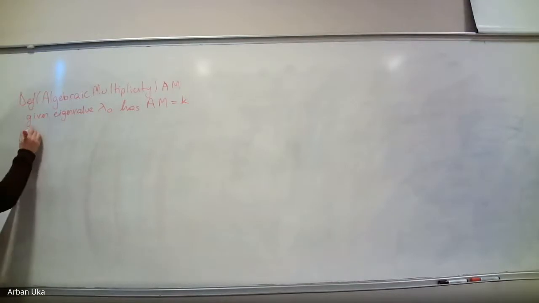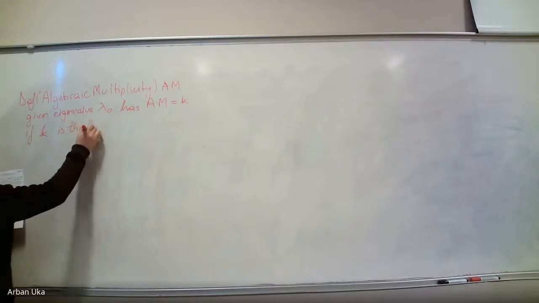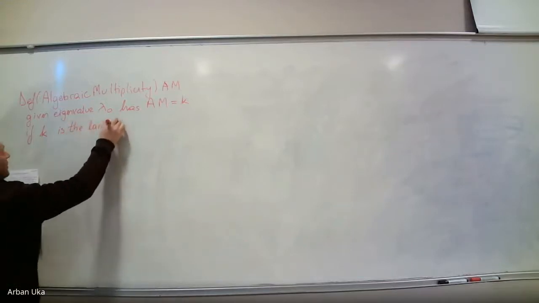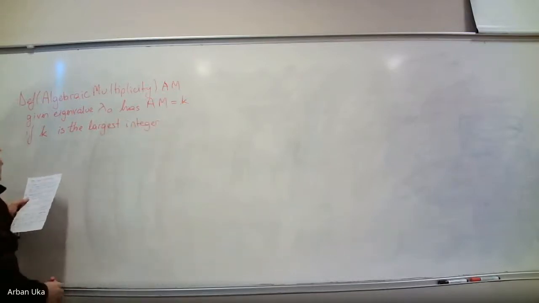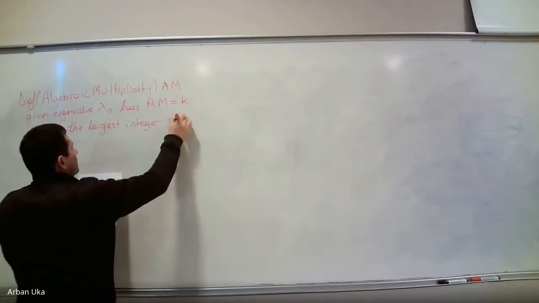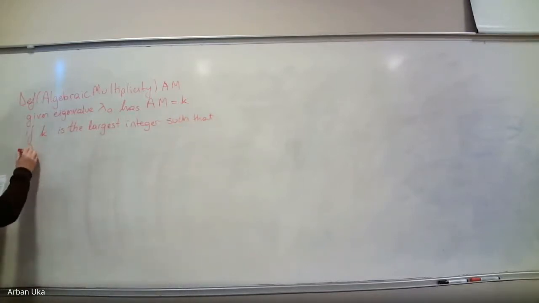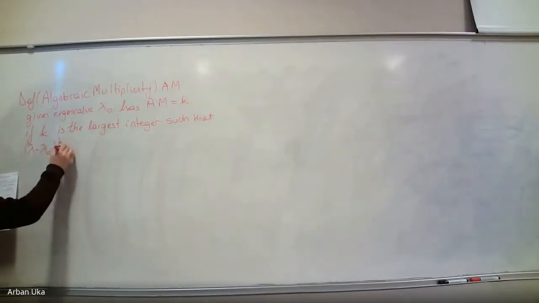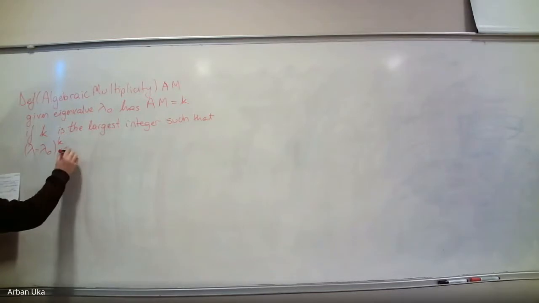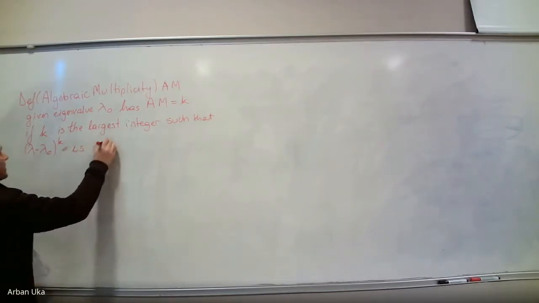If k is the largest integer such that lambda minus lambda 0 to the power k is a factor of the characteristic polynomial.